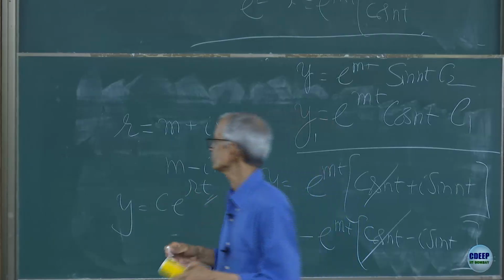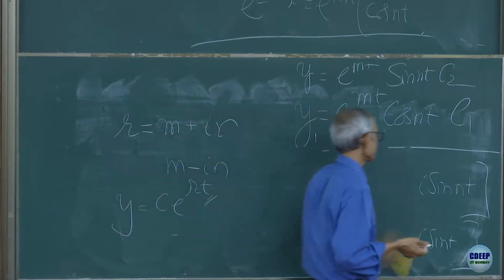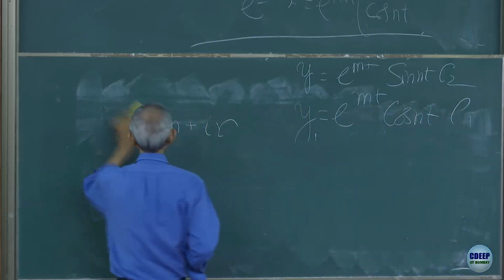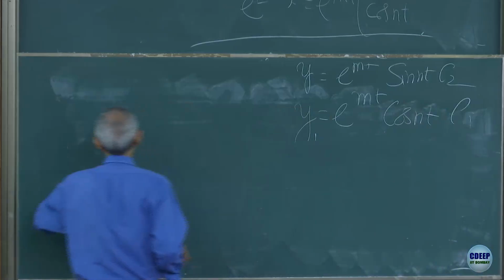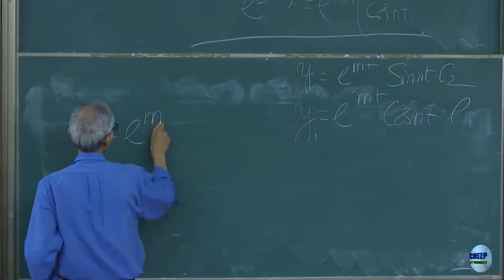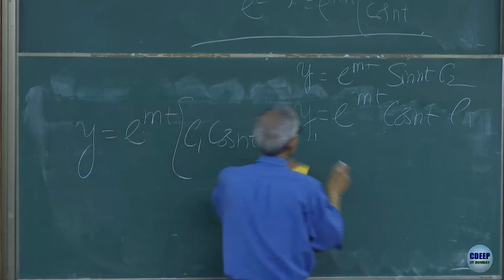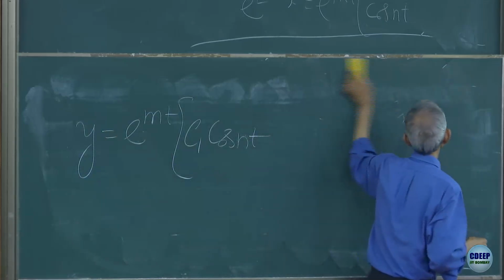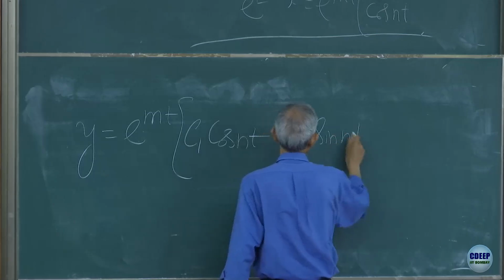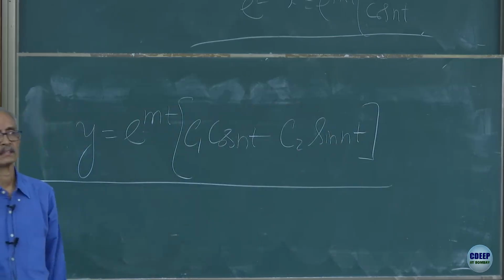Because it's a linear equation, we have already shown that a linear combination is a solution, and therefore if I have got complex roots, I still get a nice enough solution which looks like e to the mt times c1 cos nt plus c2 sin nt. This is one way of writing the solution.